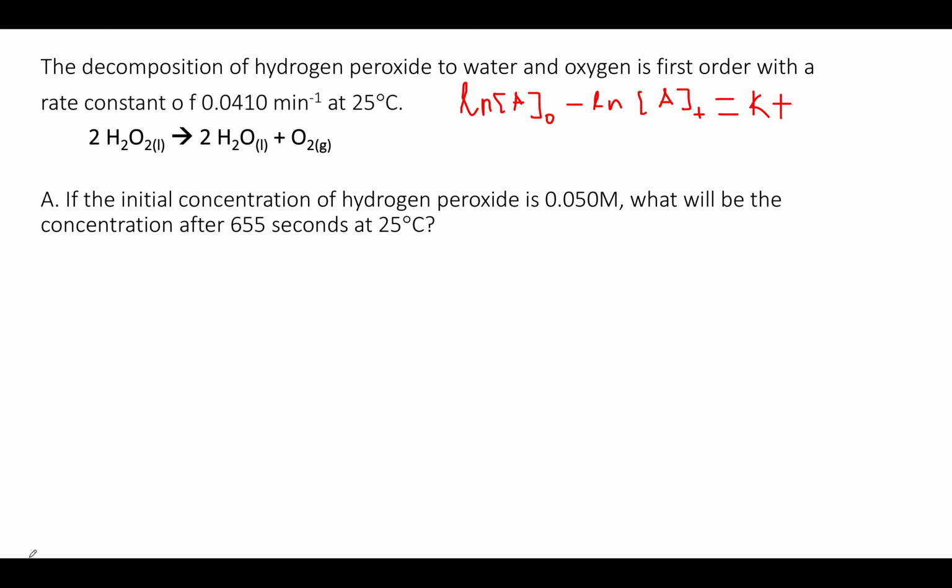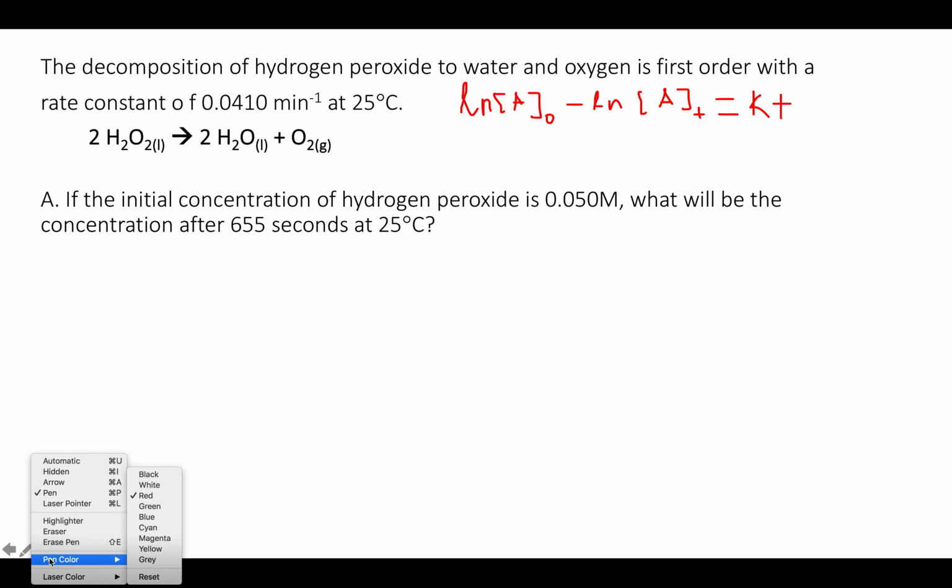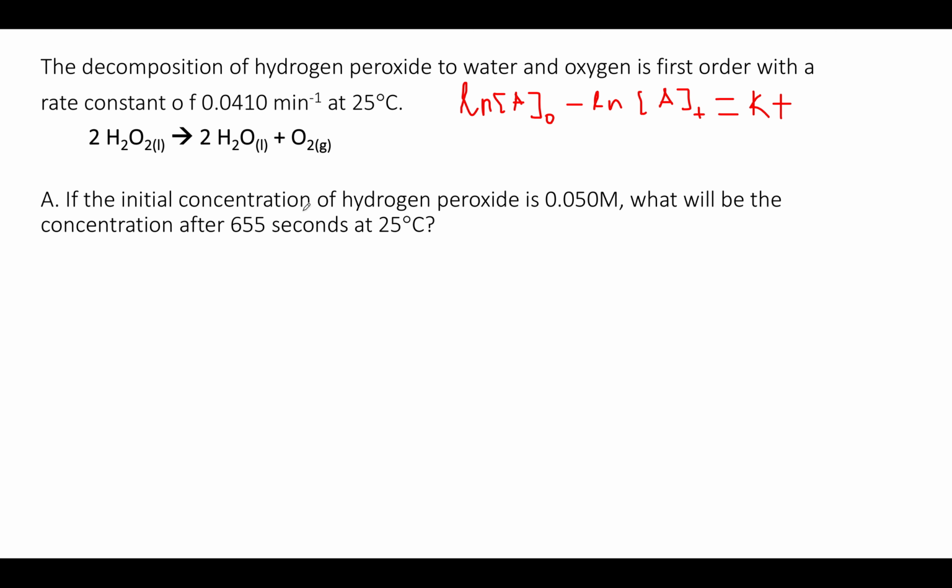We know that the initial concentration of hydrogen peroxide is 0.05 molar, and that's this right here. We don't know the concentration at 655 seconds. That's what we're looking for.